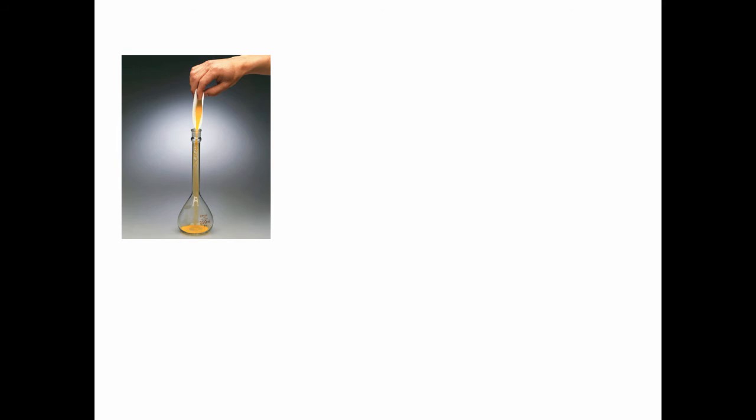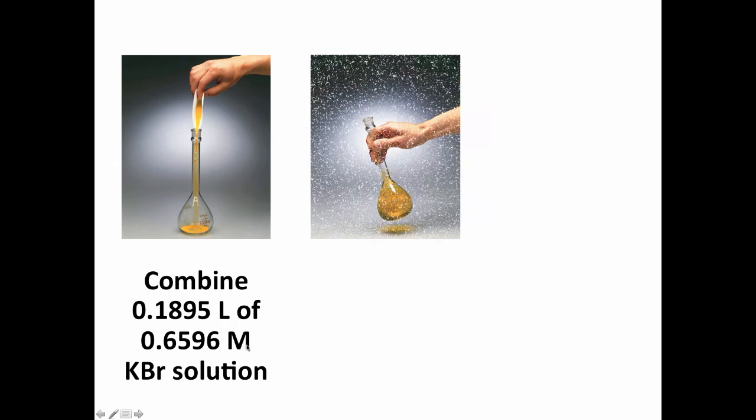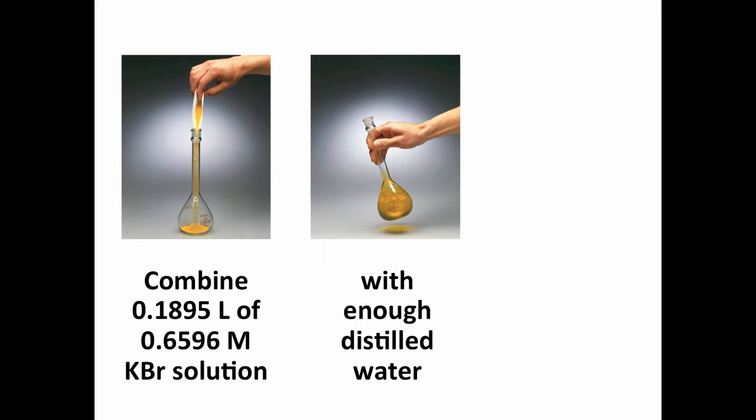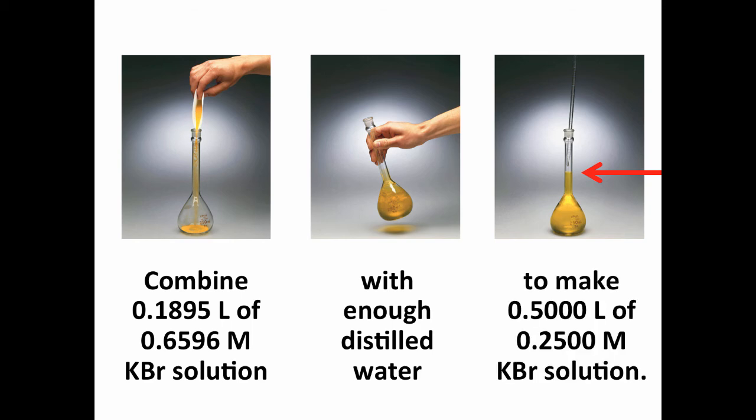Here we have a solid when in fact we're using a liquid, but just for visual purposes, what you'd be doing here is taking a known, calculated quantity of our concentrated solution, putting it in a flask of the right size, and adding enough distilled water until we make the total solution volume that we want.